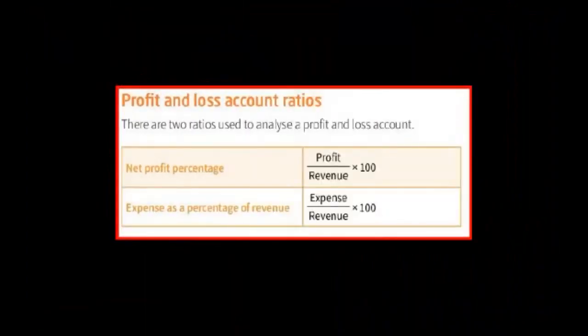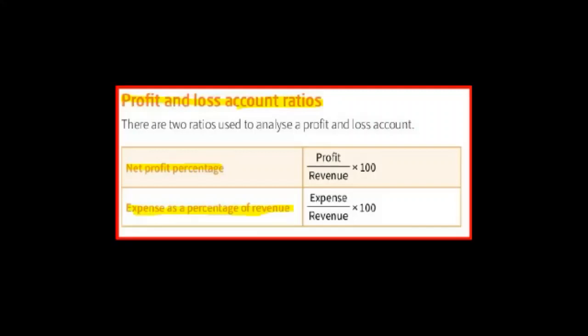On the other section of the income statement, the profit and loss account, we have ratios there too. One is called the net profit percentage, and the other is the expenses as a percentage of revenue.